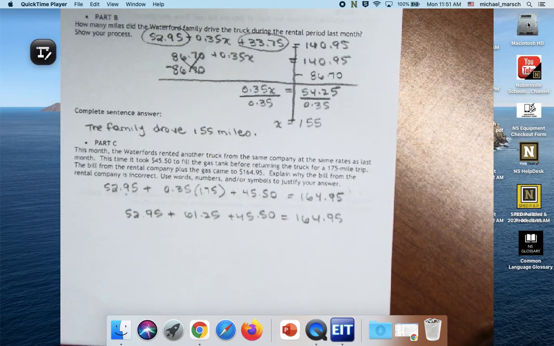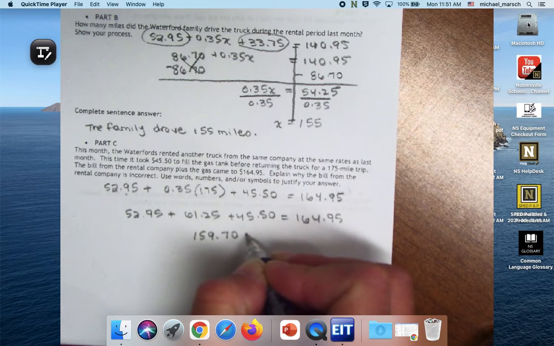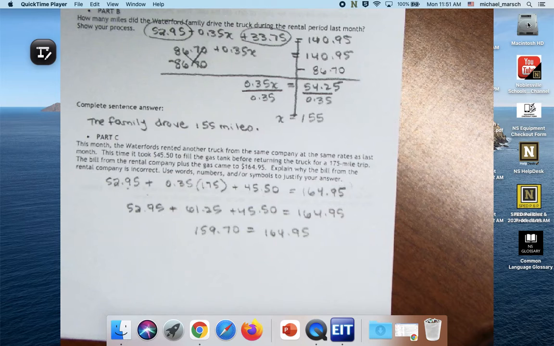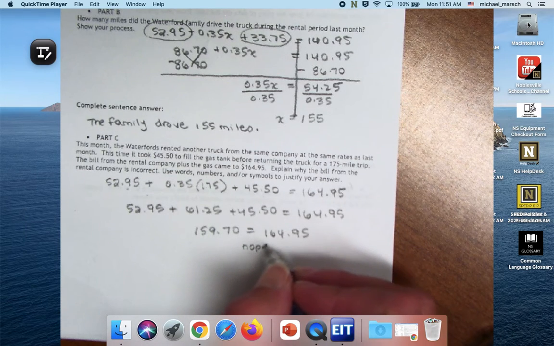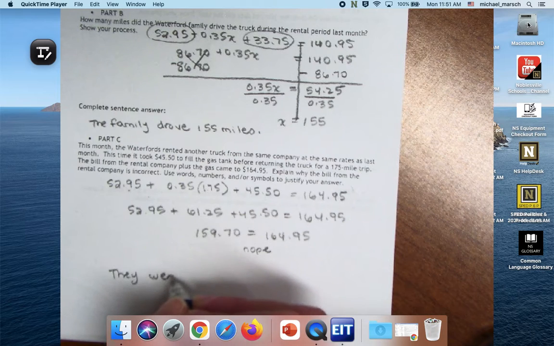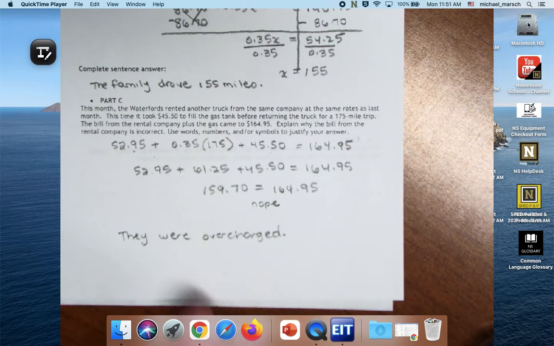And we're going to add them all up. They were definitely overcharged, right? $5.15.